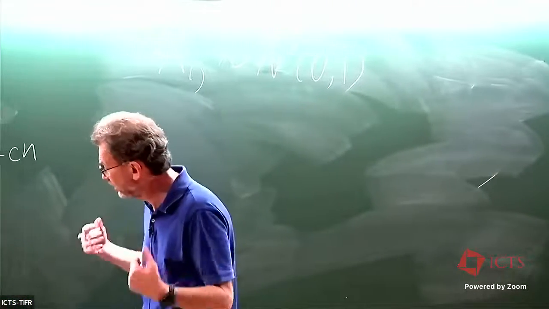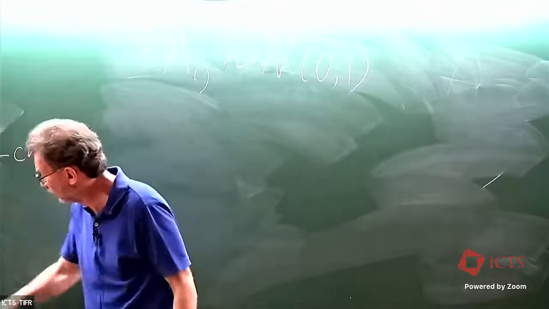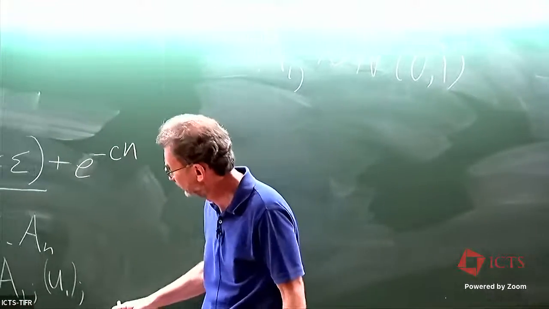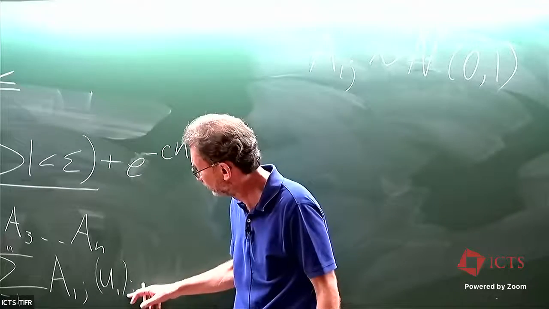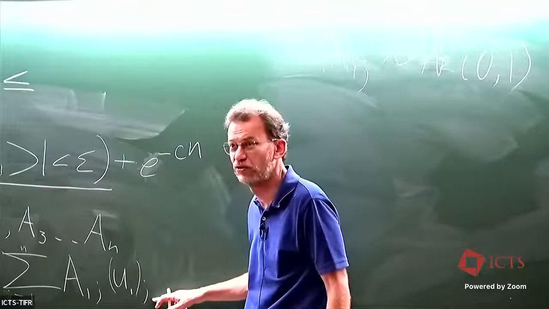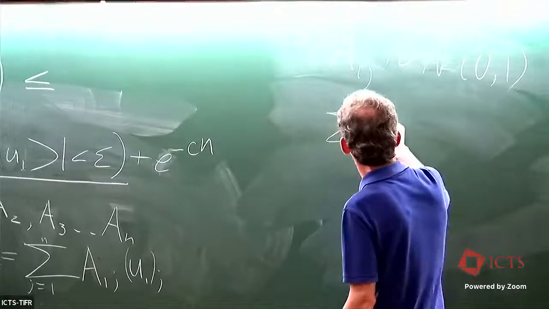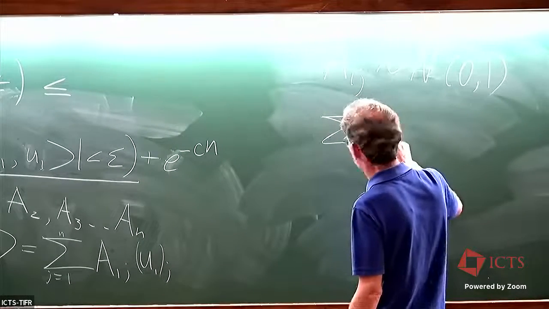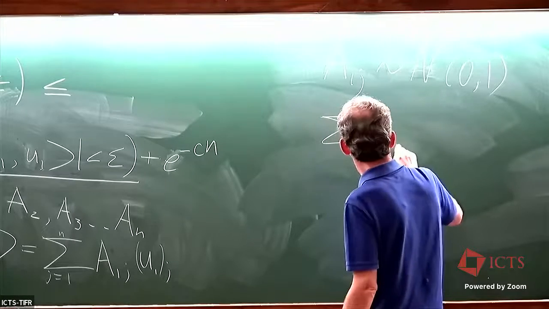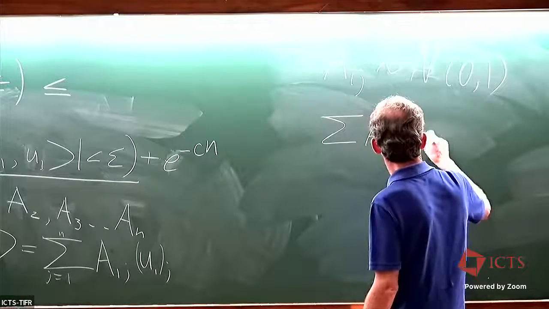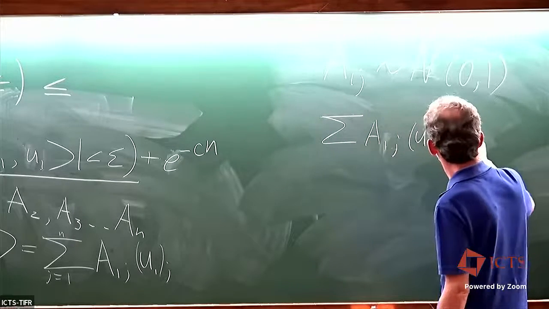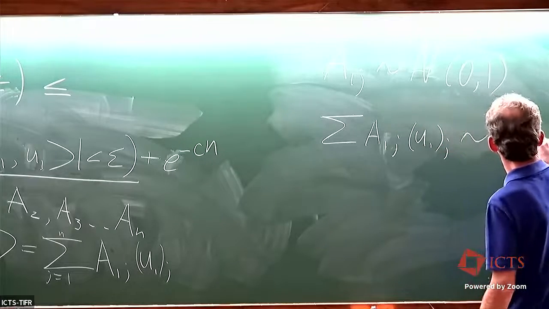The expectation is 0 because the expectation of all of those are zeros. The variance is the sum of the squares of the coordinates of u. U is a unit vector. So this sum of A_1j u_1j is also a normal random variable.